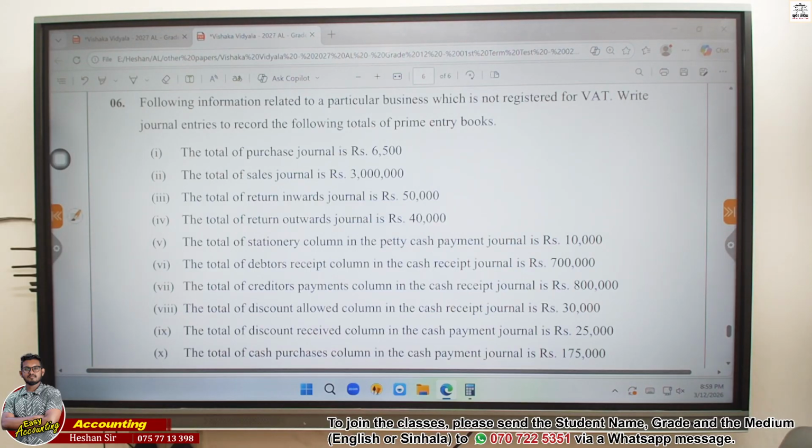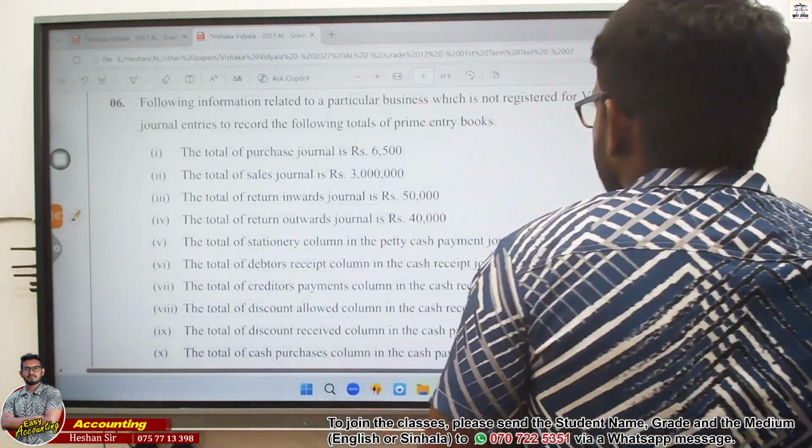Right. Following information related to a particular business that is not registered for VAT.